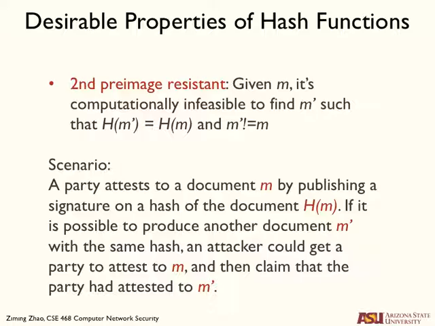So the second property is: given an original message M, it is computationally infeasible to find another message M prime such that their hashes are the same, however the messages are not the same. Imagine this scenario. A party attests a document M, which means I verify this document is actually written by someone.